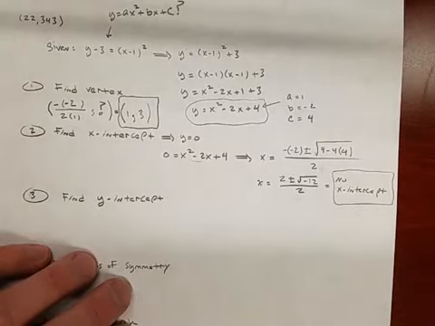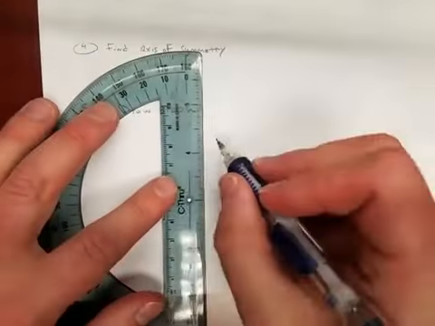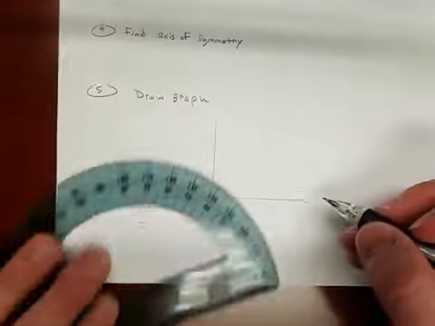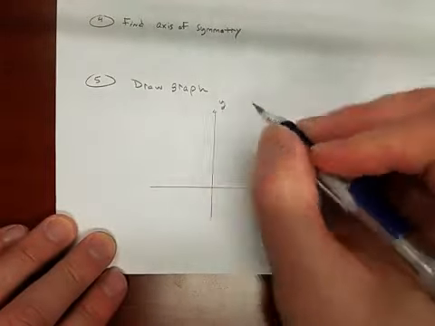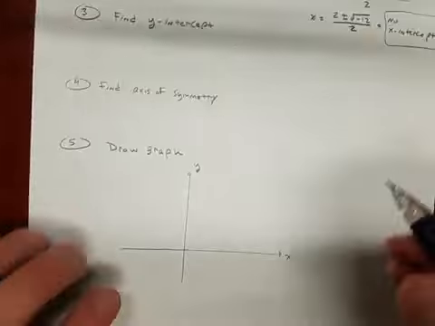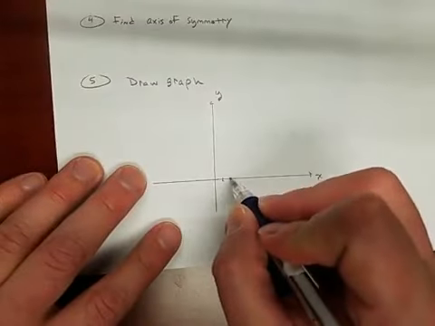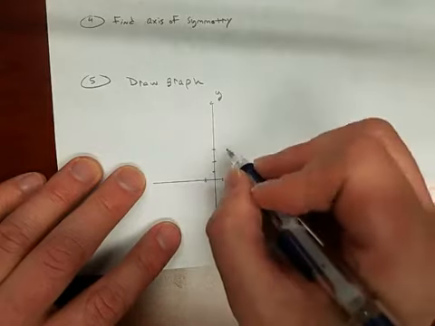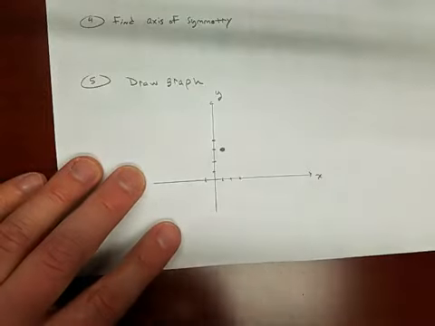Okay, so let's skip a little bit. Let's go down here to the graph, and I'll show you what I mean. So here's what we know about this so far. Imagine I have graph paper. All right, I got the x and the y, and the vertex is at 1 for x, 3 for y. Okay. So I got this scale here. 1, 1, 2. There it is. There's the vertex.